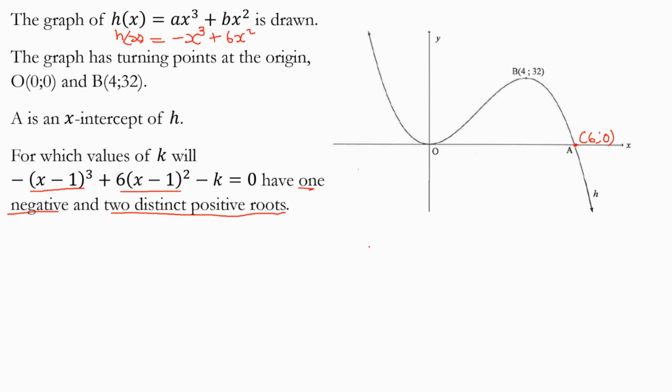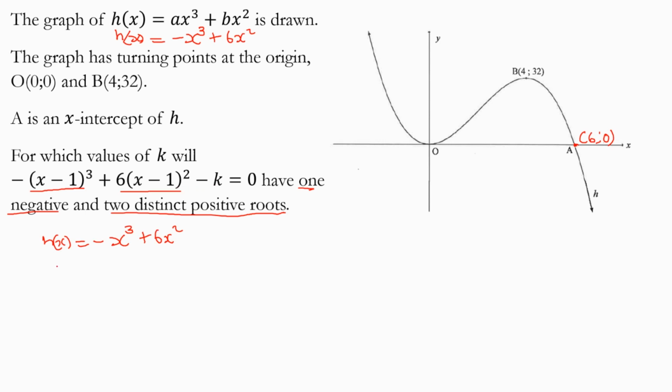When you get such a question, what do you do? Let's say we have our h of x is equal to negative x cubed plus 6x squared. Let me use our function first before we come to this function, which is a translation.